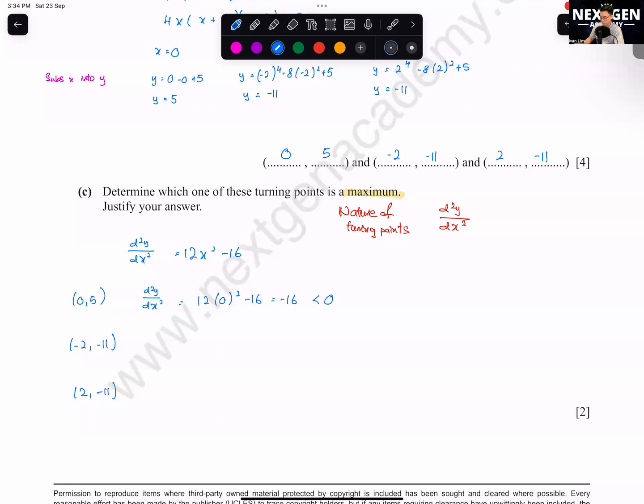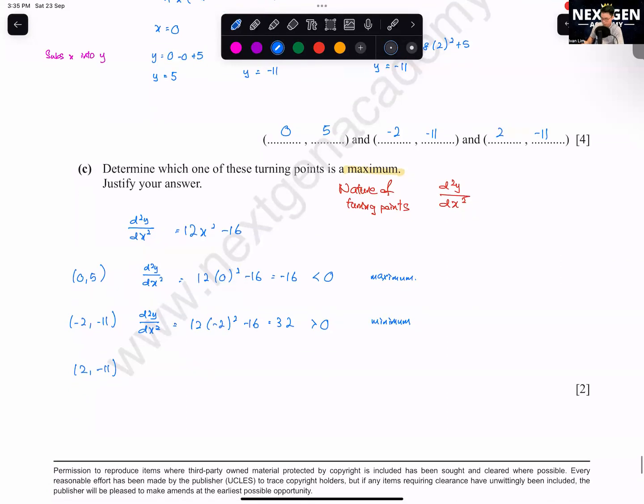If it's less than 0, then it's a maximum. Do it for this also: 12 times (-2) squared minus 16, you'll get 32. 32 is more than 0, so this one is a minimum. Okay, one final one.